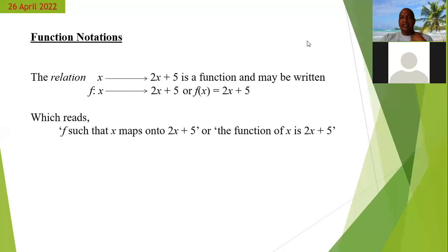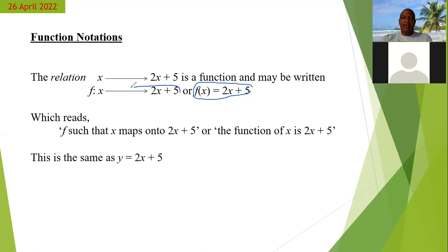So when it is written in the second form, we write f such that x is mapped onto 2x plus 5. That's what this means. In the other way, when we write f of x equal to 2x plus 5, we read it as the function of x is equal to 2x plus 5.